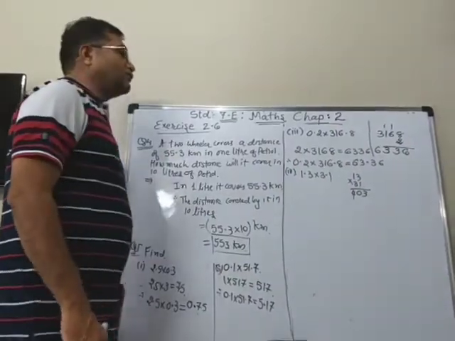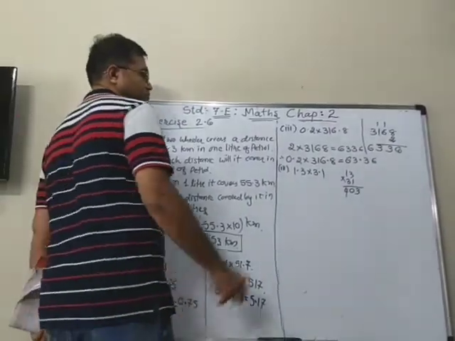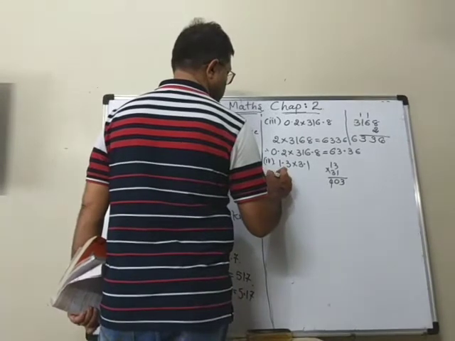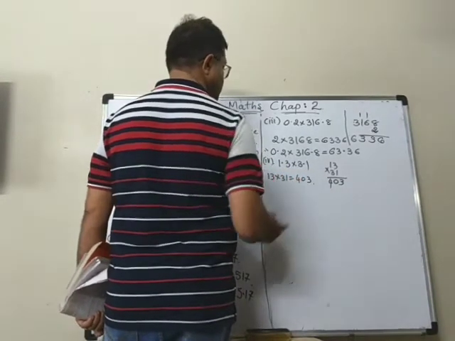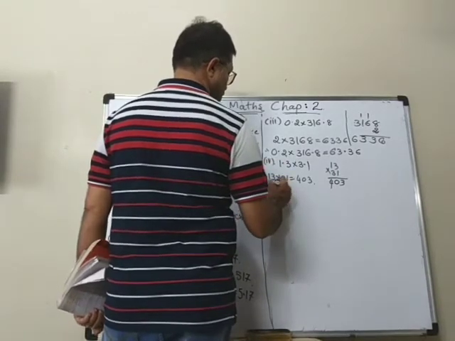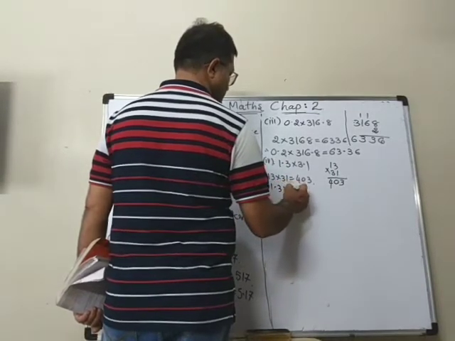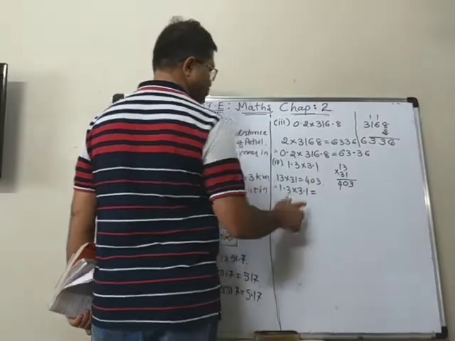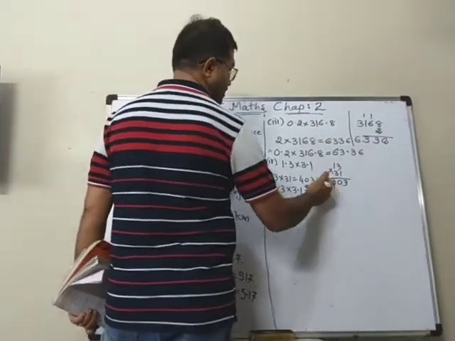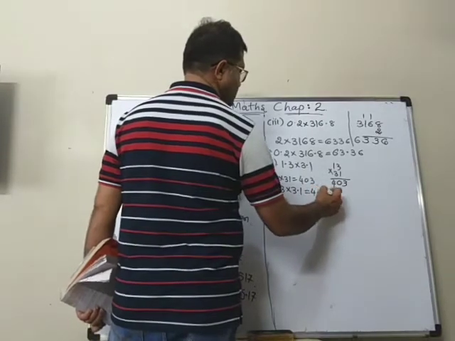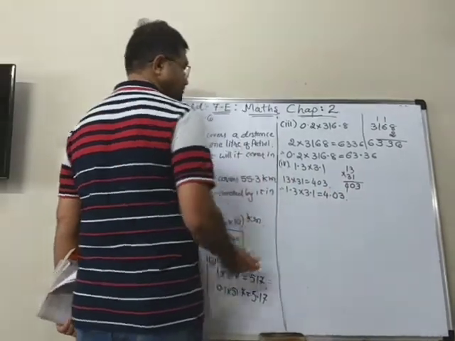So it will be 403. So 13 multiplied by 31 is equal to 403, and therefore 1.3 multiplied by 3.1. So here one decimal each means 2 decimal places. So 4.03 is the answer.